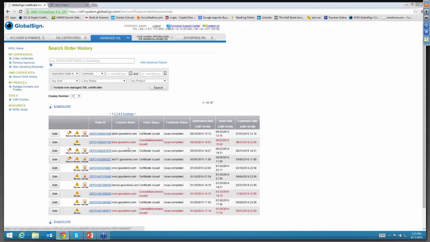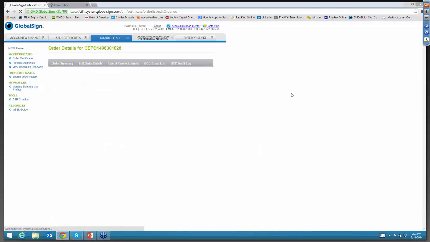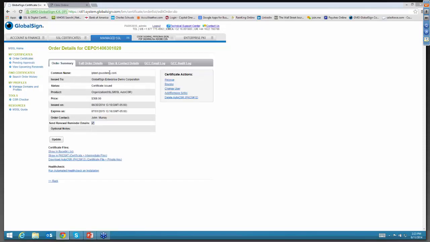And in here, if you come into orders, you can drill down. There's very, very detailed information about every aspect of the certificate that's been delivered. People can look at audit logs and take a look at various aspects of the certificate. They can come in here and reissue certs. You can revoke it. You can add or remove SANs.